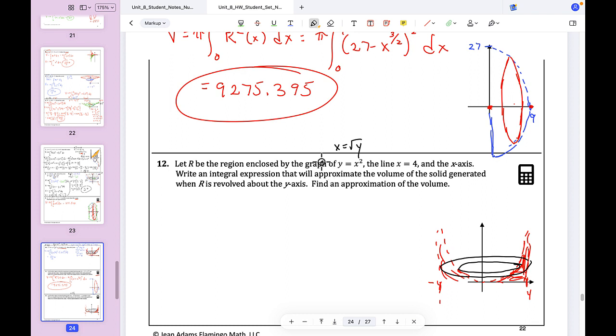Where are they going to intersect? Right, so let's see, y equals x squared, so x squared is equal to 4 at x equals plus or minus 2, okay? If x equals 2, then y equals 4, okay?